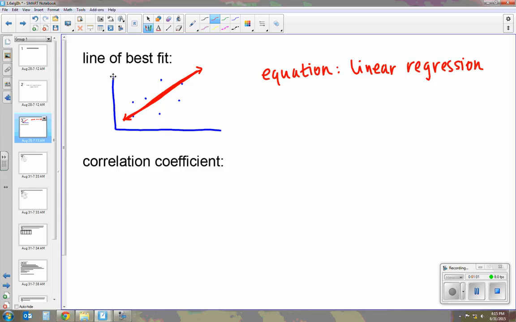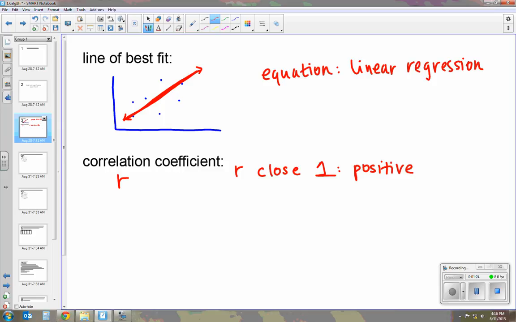Okay. Now, correlation coefficient is something that we get when we use linear regression. It'll give us the value of r, not r squared, but just the value of r. And when the value of r is close to 1, your correlation is positive.